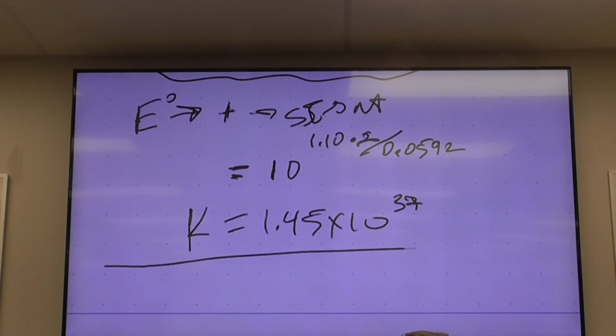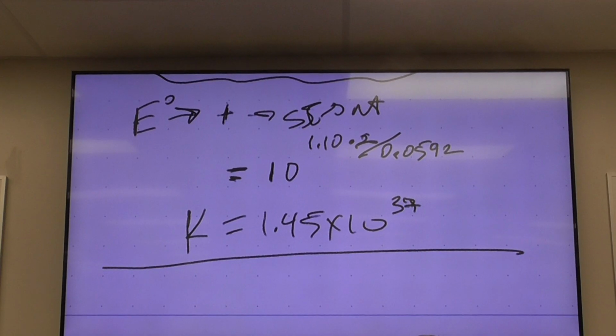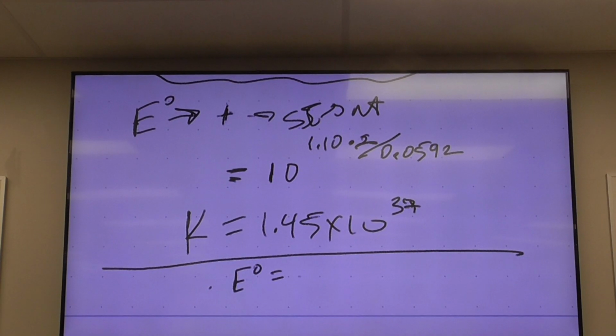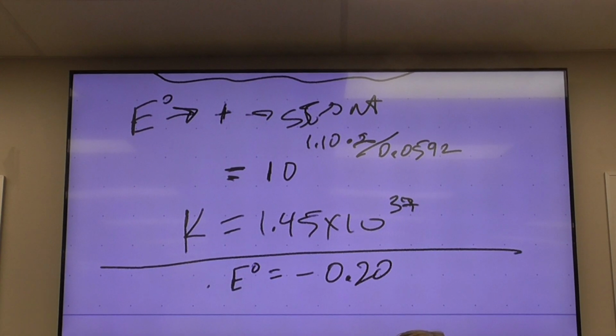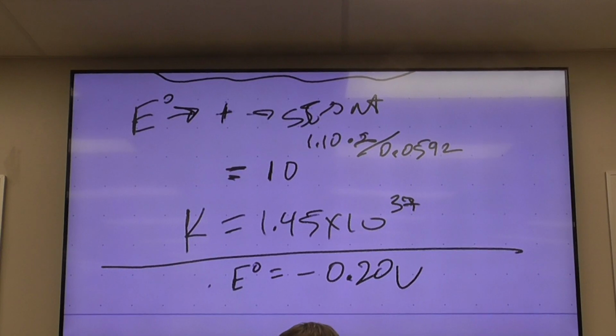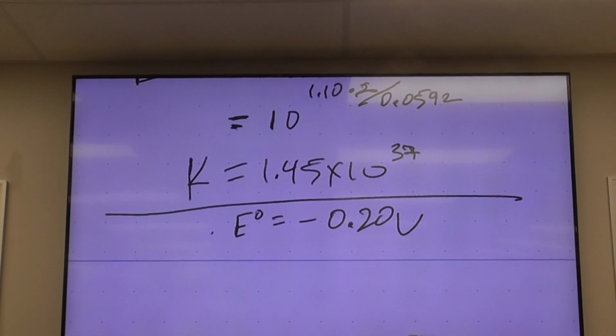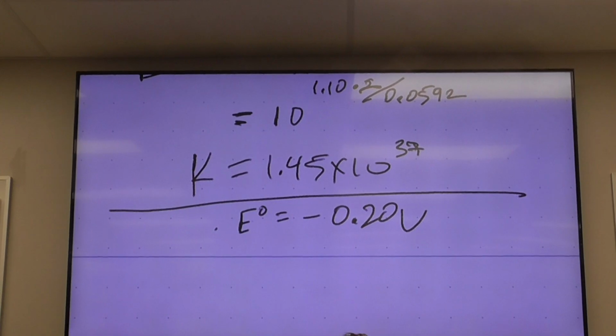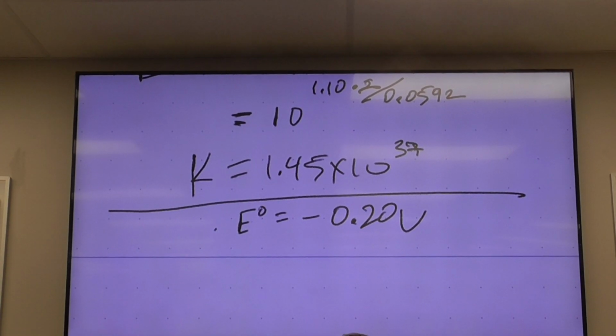Now, let's play the what-if game. What if E naught had been, I don't know, negative 0.20? Right away, since E naught is a negative number, what do you know about spontaneity? It's not spontaneous.